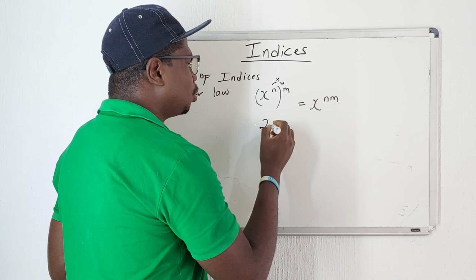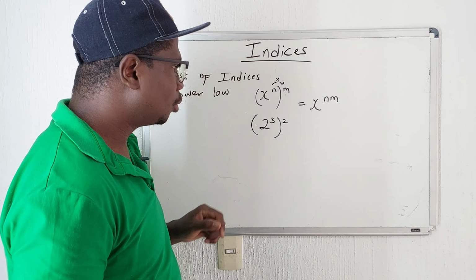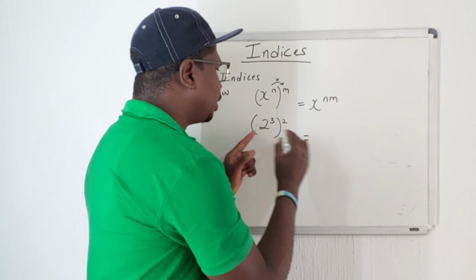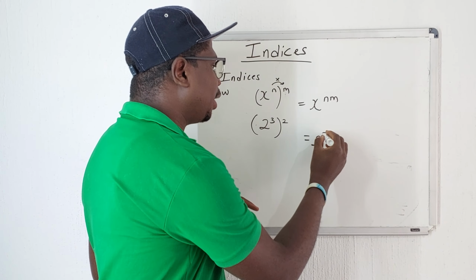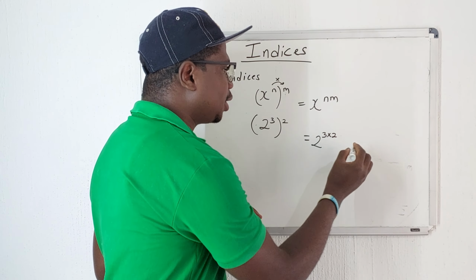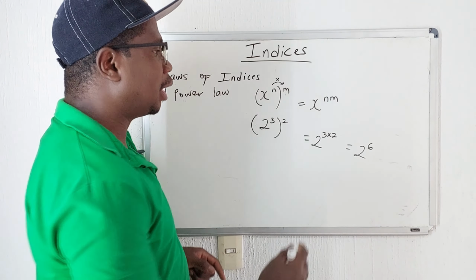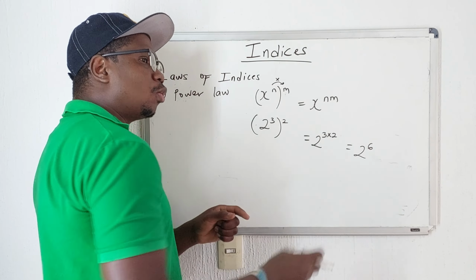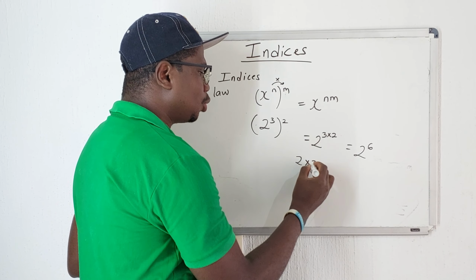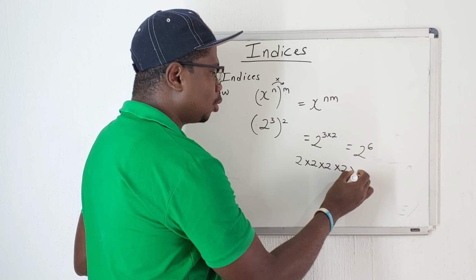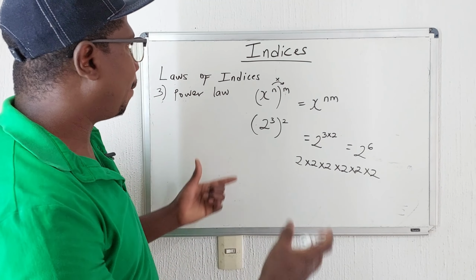So if we have 2 raised to the power 3, raised to the power 2, we take the common base, which is 2, then multiply the powers. 3 times 2 gives us 6, which is 2 raised to the power 6. If we want to simplify this further, we multiply 2 by itself the number of times the power says: 2 times 2 times 2 times 2 times 2 times 2. So basically this is the power law.